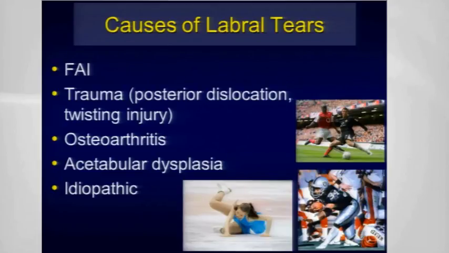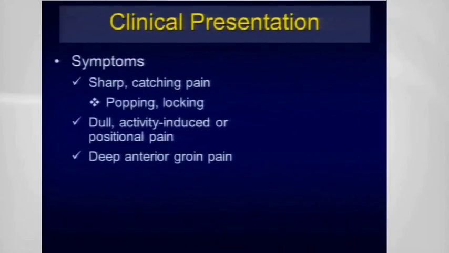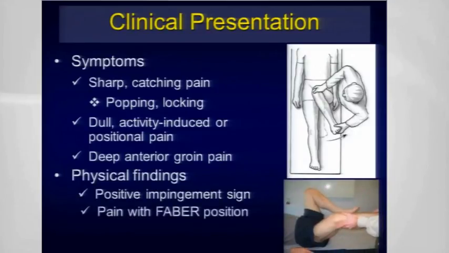We also see labral tearing in patients with osteoarthritis, acetabular dysplasia, and sometimes there's no cause that we can elucidate. How do these patients present? Symptoms are that of a sharp catching pain. They may have popping or locking, as well as a dull activity-induced or positional pain, or may complain of deep anterior groin pain.